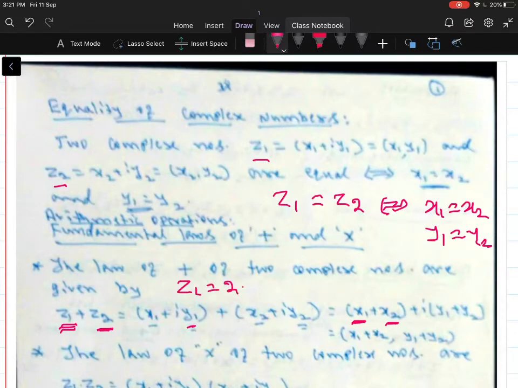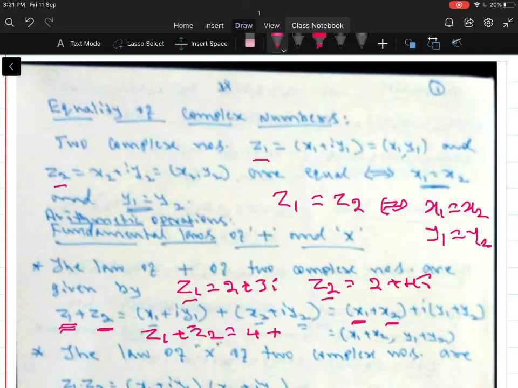So for example, z1 is equal to 2 + 3i and z2 is equal to 2 + 4i. Then z1 + z2 is equal to adding the real parts of z1 and z2, that is 4, plus i times the sum of the imaginary parts of z1 and z2, that is 3 + 4, that is 7, into i.